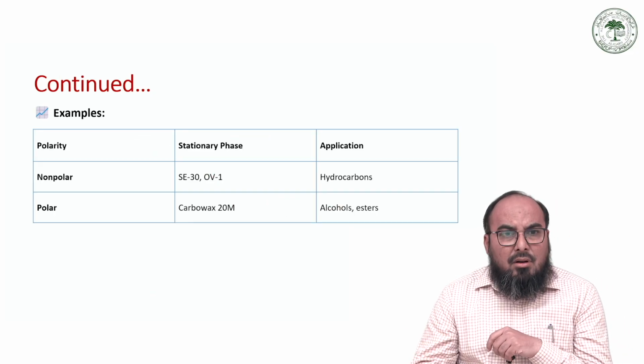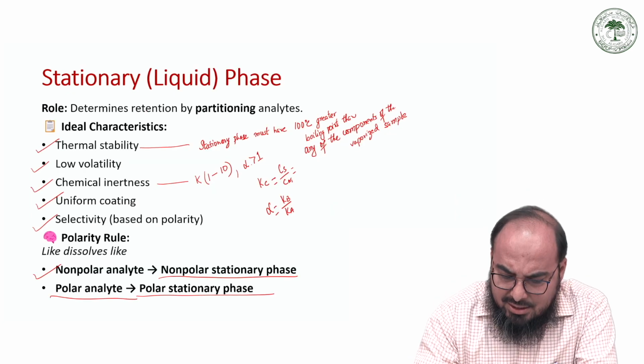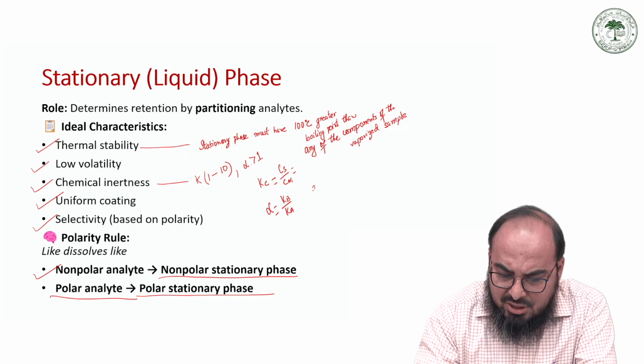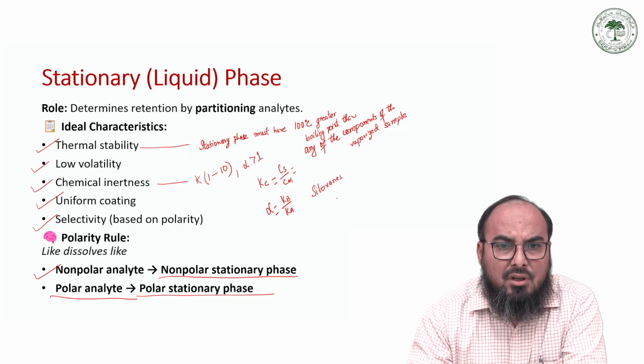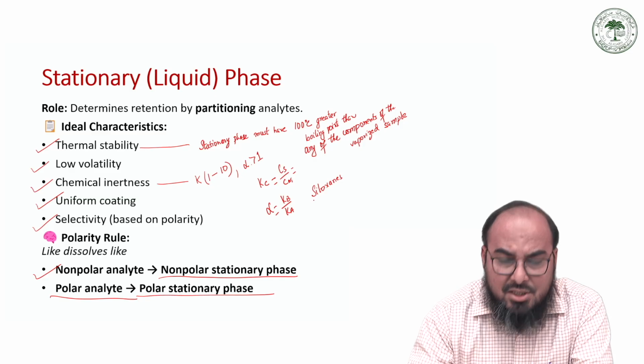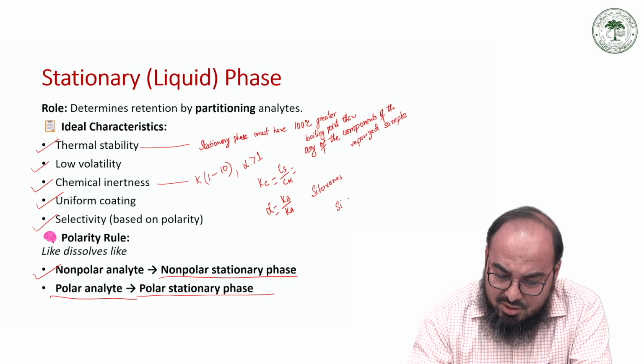Now, for example, let us consider siloxanes. If you study the chemical structure, you will find the structure of siloxanes like this.